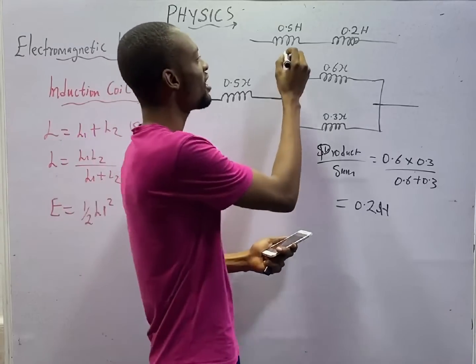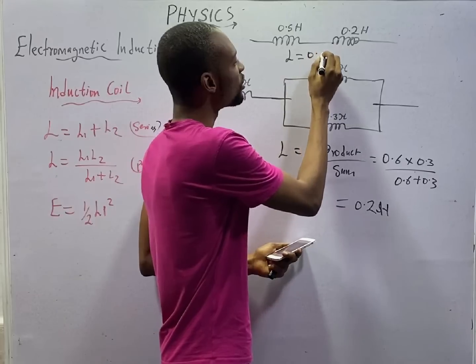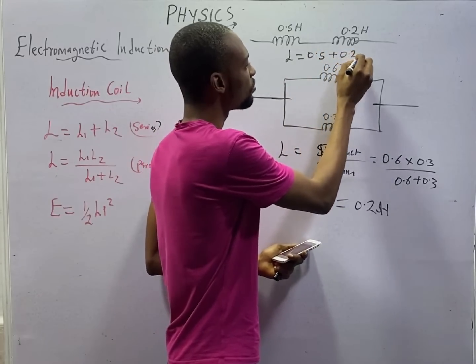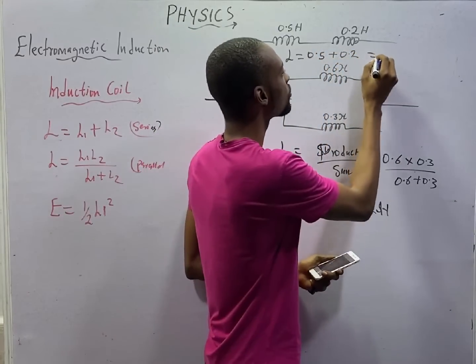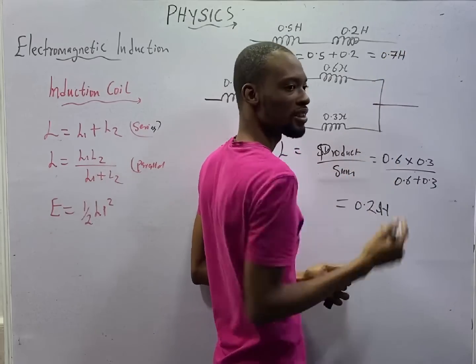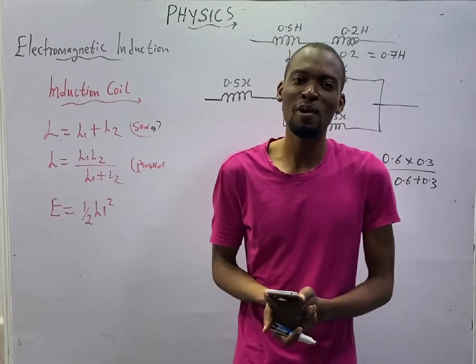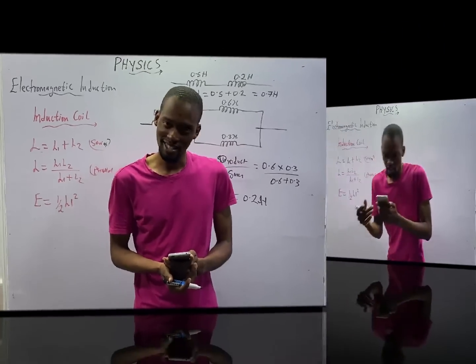So L is 0.5 plus 0.2, which will give you 0.7 Henry. That is it. Nothing more and nothing less.